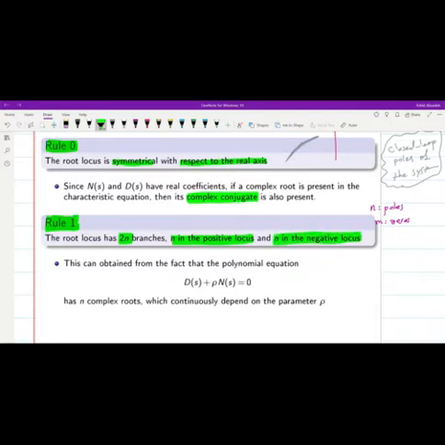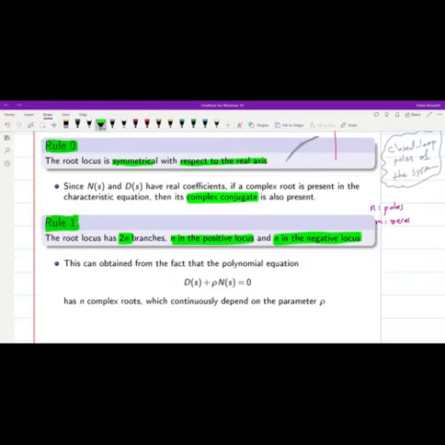And usually we will draw the negative locus and positive locus separately. So for each Root-Locus that we draw, there will be n number of branches: n branches for the positive locus, n branches for the negative locus, and in total there will be 2 times n branches.